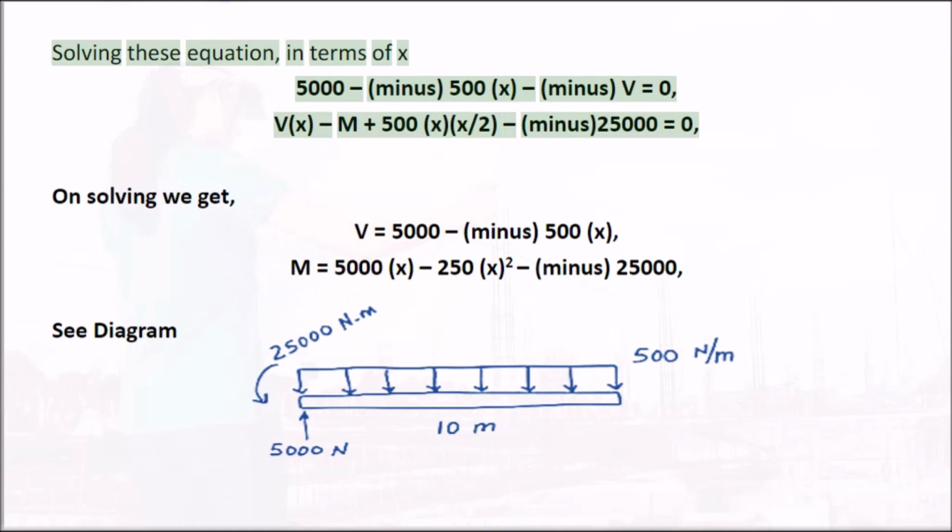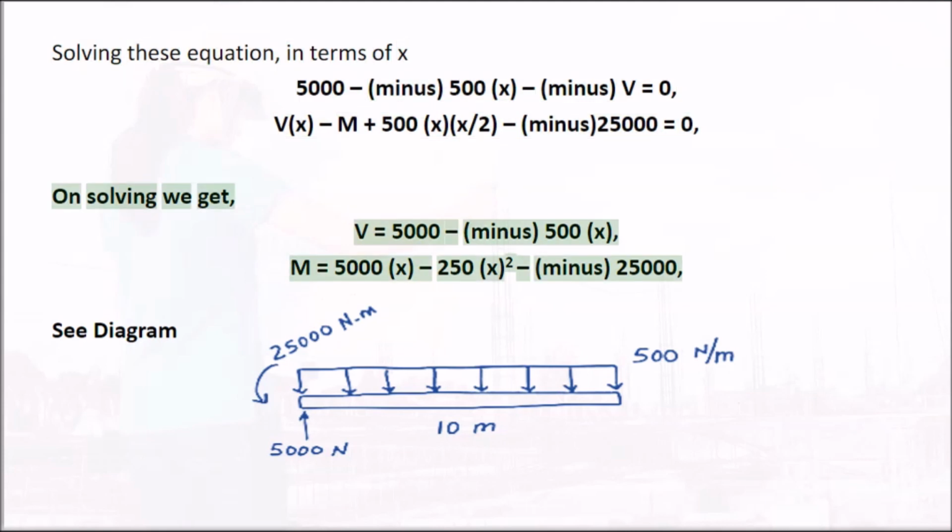Solving these equations in terms of x, 5000 minus 500x minus V equals 0, and V x minus M plus 500x times x/2 minus 25,000 equals 0.